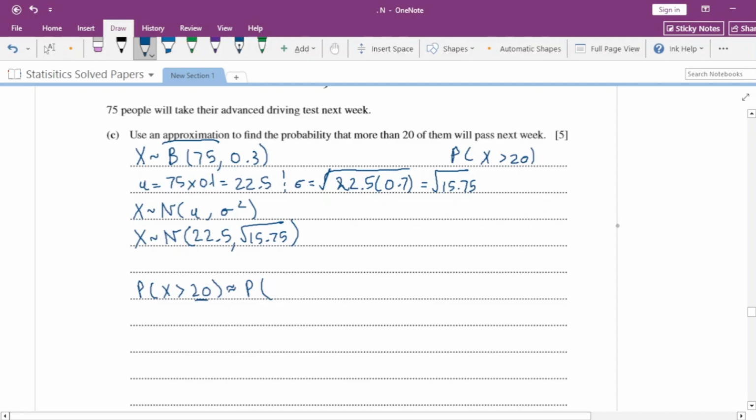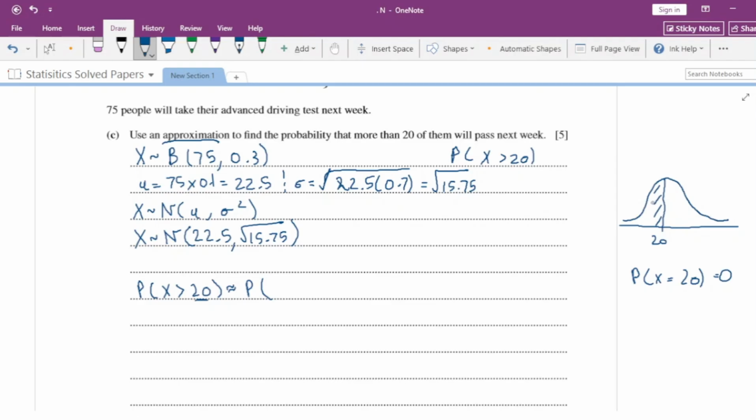In the normal distribution curve, for any single value, even if I take the probability that X equals 20, the probability of that single value will be 0, because a probability should be given in some sort of range. An exact value will not have any area under the graph, and the area under the graph is this probability. Since a single value has no area under the graph, it would be 0.